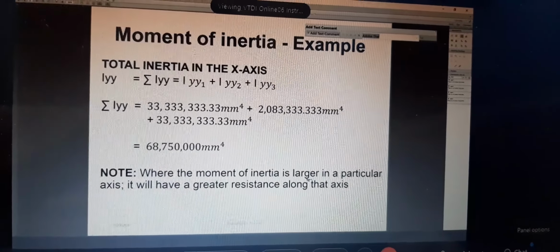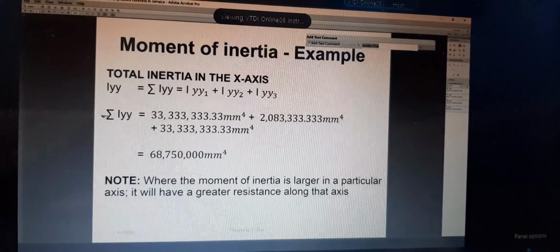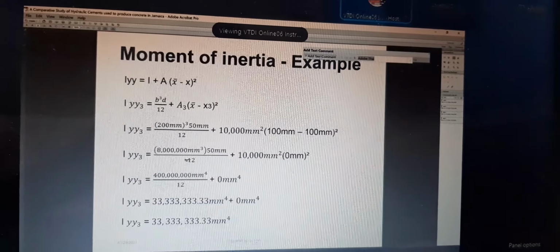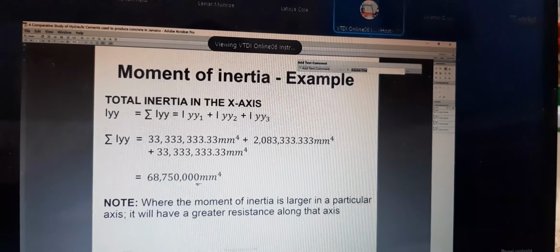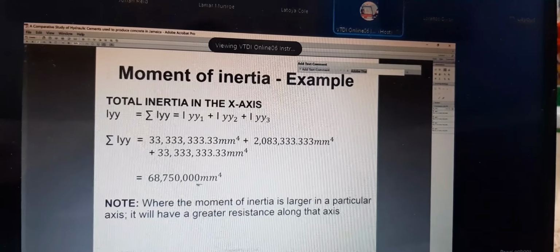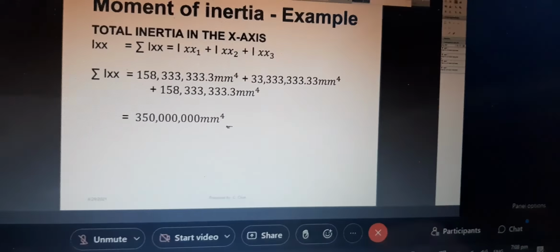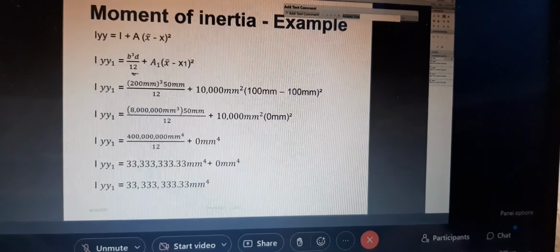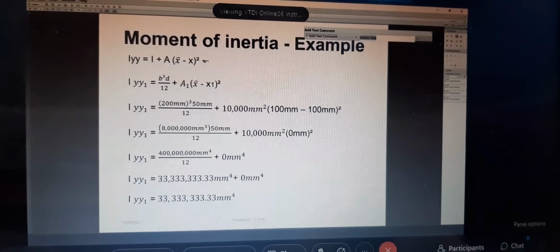So it's either going to be along the X or the Y. When you sum it, if the sum of IYY is higher than the sum of IXX, you would say the ability of the beam to resist bending is greater about IYY, or the axis YY. Okay, so that's the process for IXX. Let's look at IYY and not jump over it. For IYY, look at the formula.